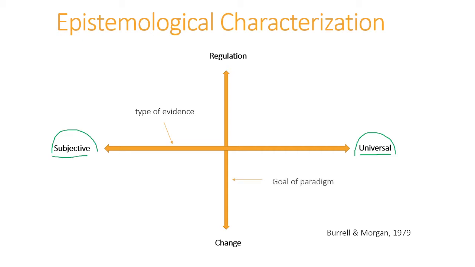The second axis here might be considered what the paradigm is trying to accomplish. Now, Burrell and Morgan originally described this in terms of, is it trying to describe or regulate the status quo, or is it trying to actively change it? And this was one of the first characterizations of how these different paradigms work. And you can see how those might be at odds, right?